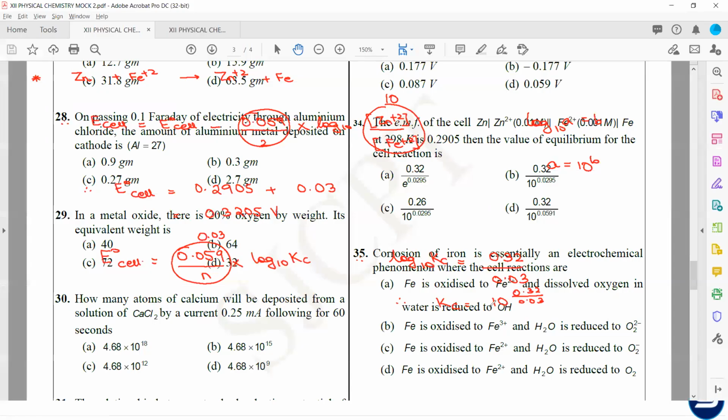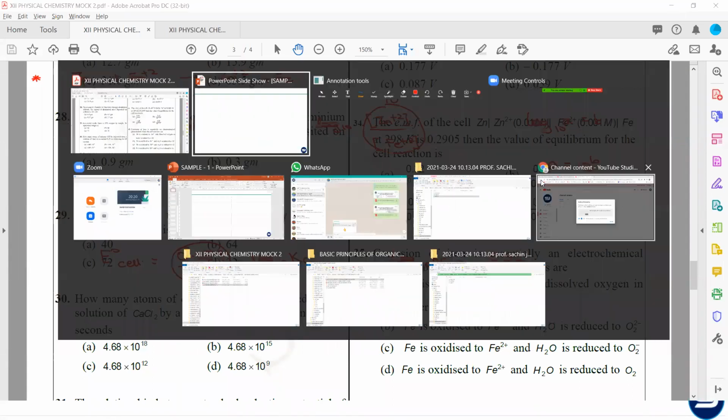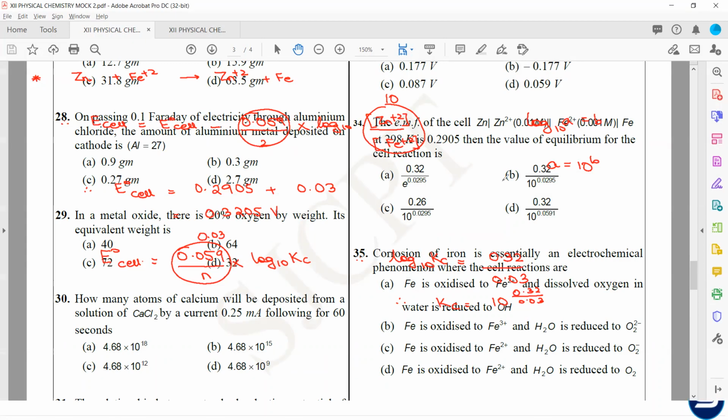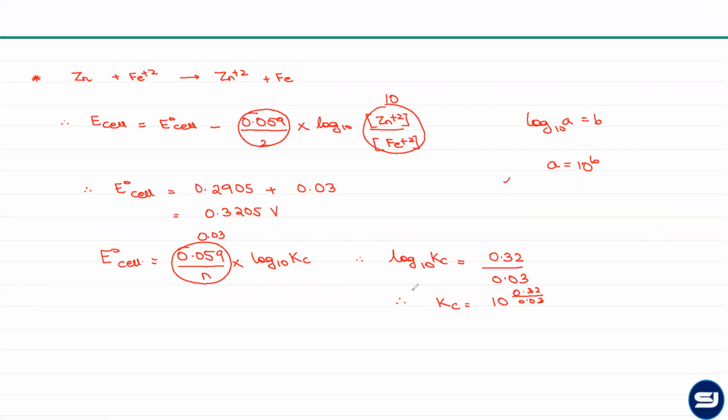Yes, sir. 10 raised to 0.32 upon 0.03. Is there any option? This is actually not 'upon', this is 10 raised to the whole power only. The whole line is the power, but it is 10 raised to the whole power. You got the answer, option B. Yes or no? Yes, sir.